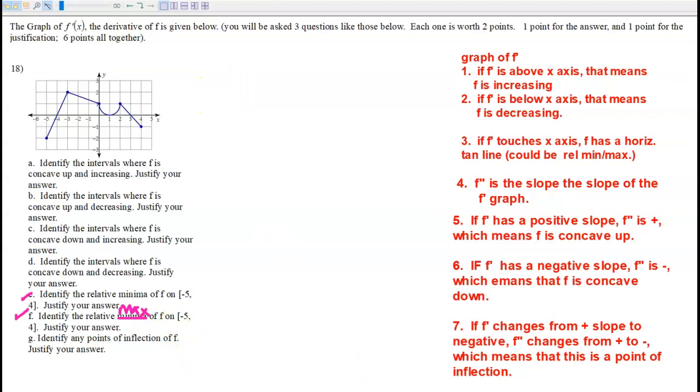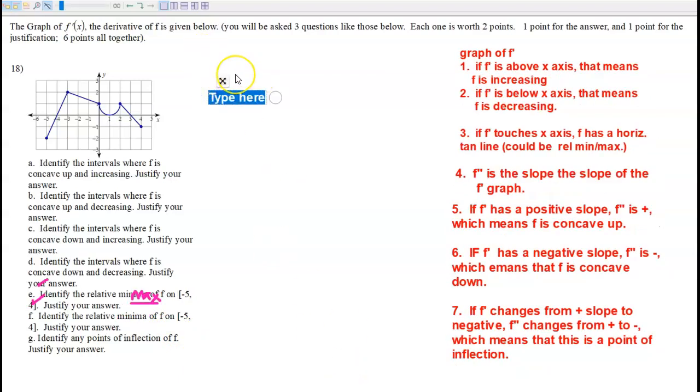Well, the opposite of the last one, right? f has a relative max when f prime changes from positive to negative. And this happens at x equals 3, right here.